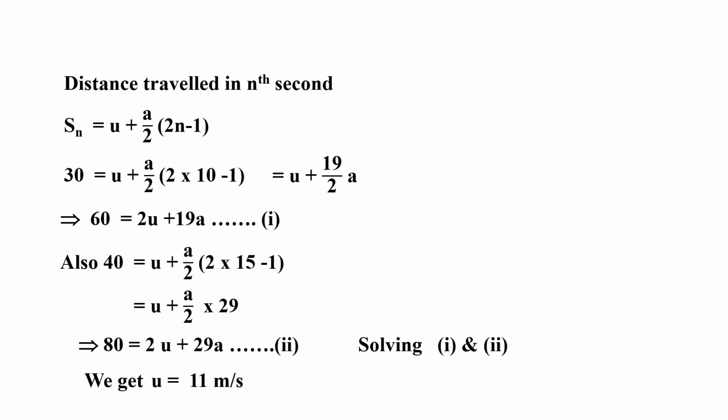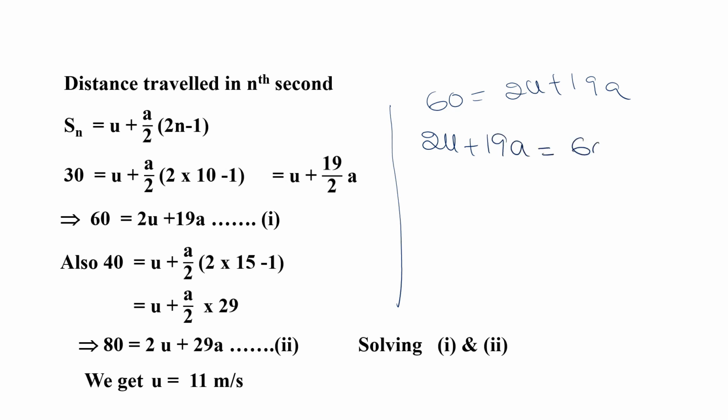First equation is 60 is equal to 2u plus 19a. Now we are solving these two equations. The second equation is 2u plus 29a is equal to 80. So the first equation can be written as 2u plus 19a is equal to 60.